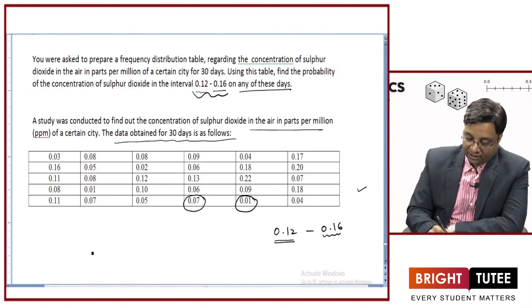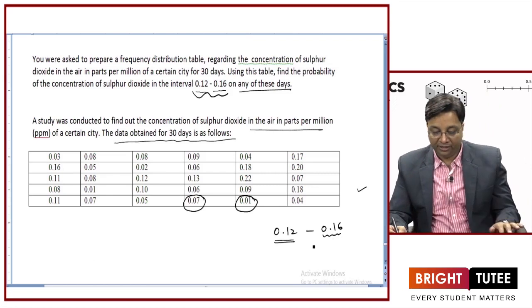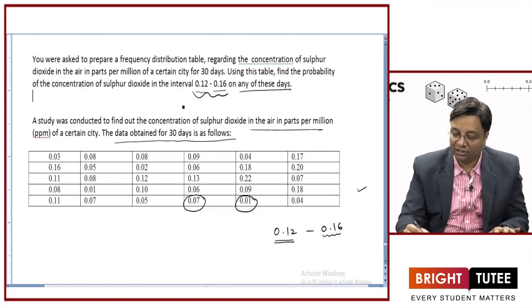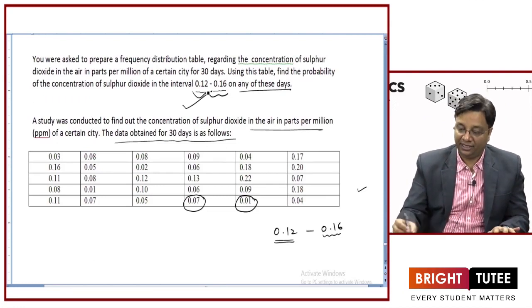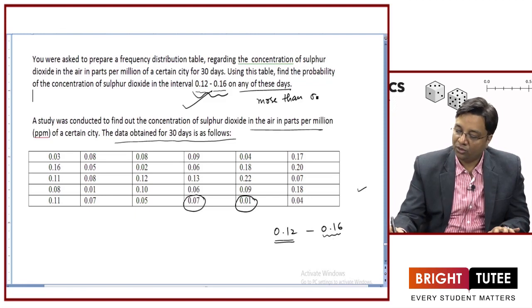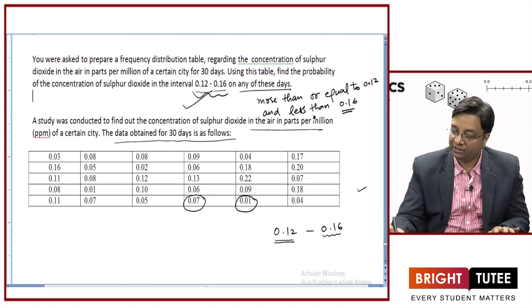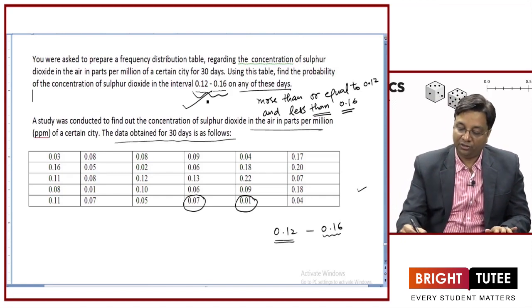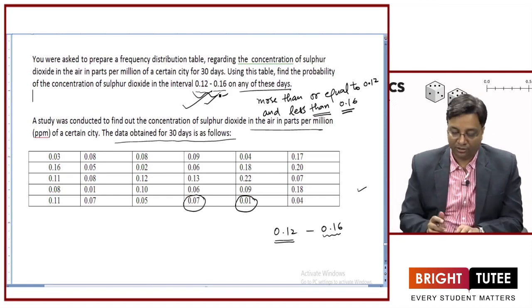Okay. So, let us see how many times the concentration was in this interval, that is, more than or equal to 0.12 and less than 0.16. Look at this carefully. I am not saying less than or equal to here, as I told you about the intervals in previous questions also.